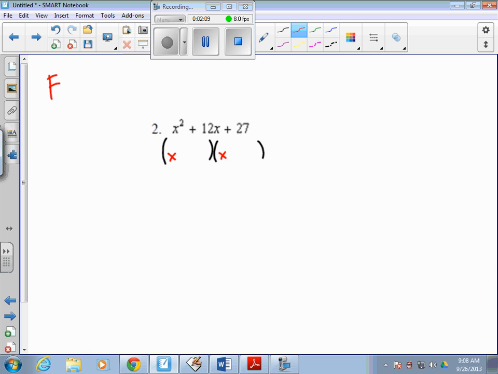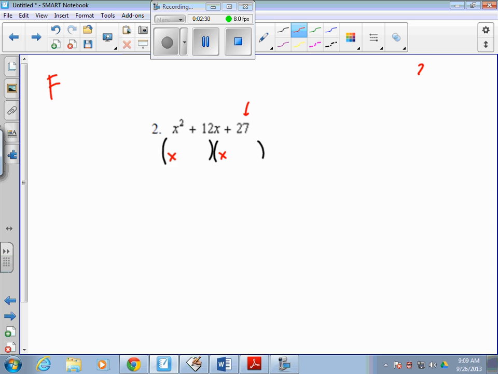When you do the first times the first, that gives you x squared. The second part is you have to look at the last number, 27. It's positive. Let's not even look at negatives and positives yet. Let's just look at the numbers 27 and 12.